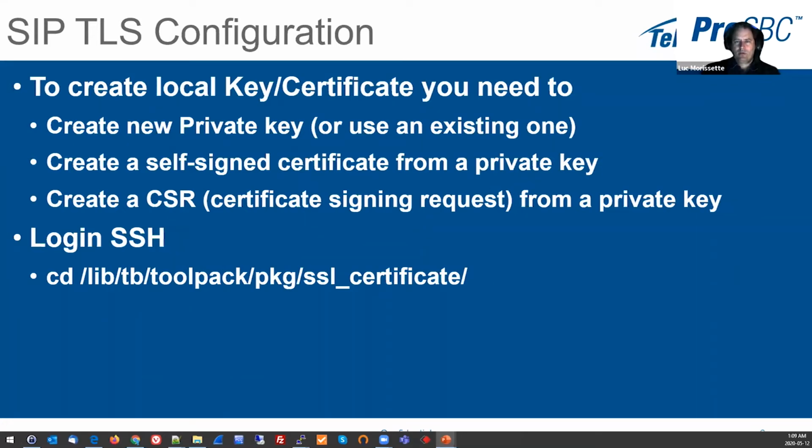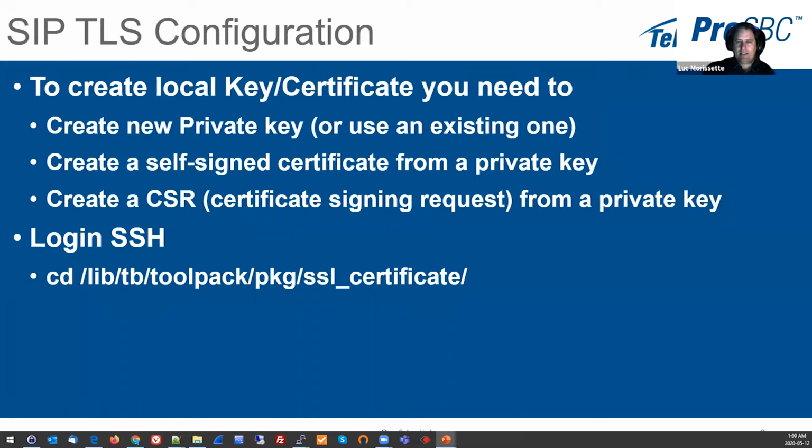To create those local keys and certificate, you need to first create a new private key or use one that you already have that maybe you will be using on multiple systems. And then you need to create a self-signed certificate derived from this private key.